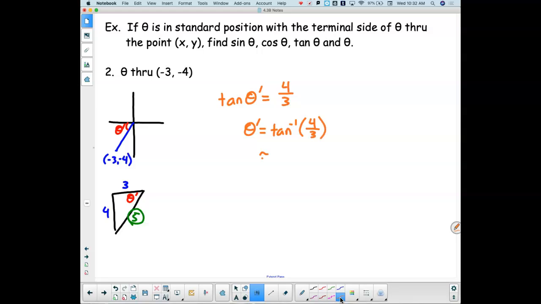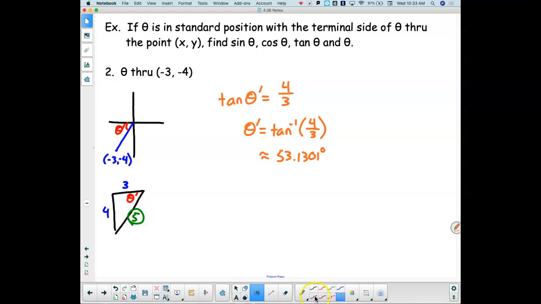The inverse tangent of 4/3 times 180 divided by pi gets me 53.1301 degrees.